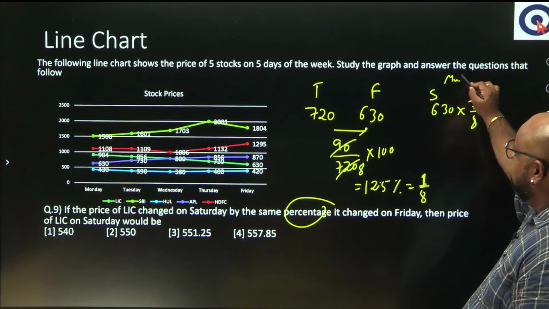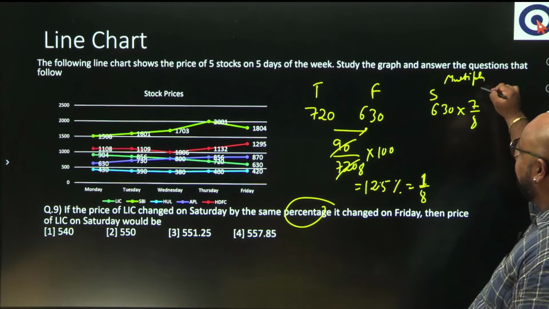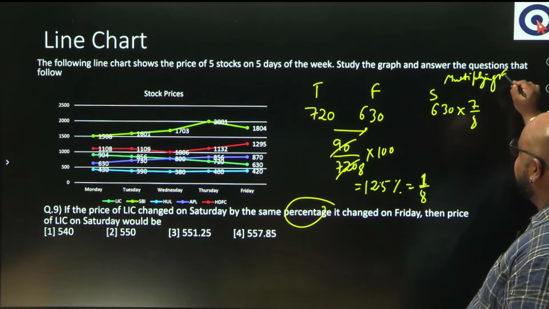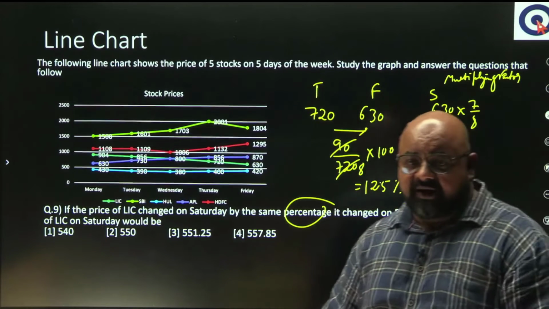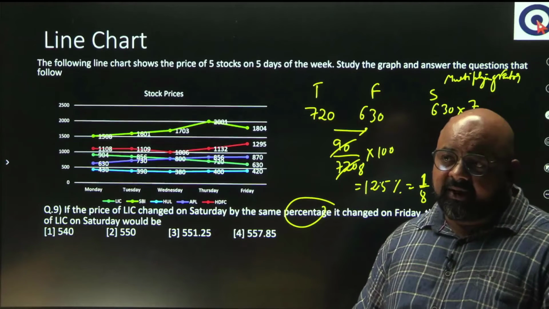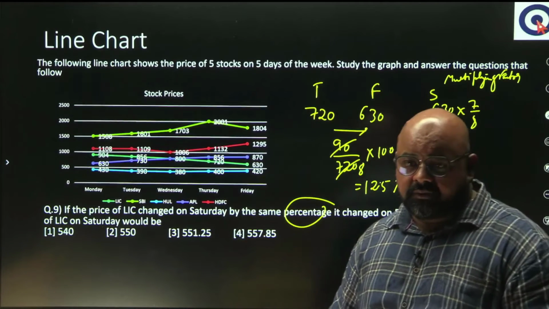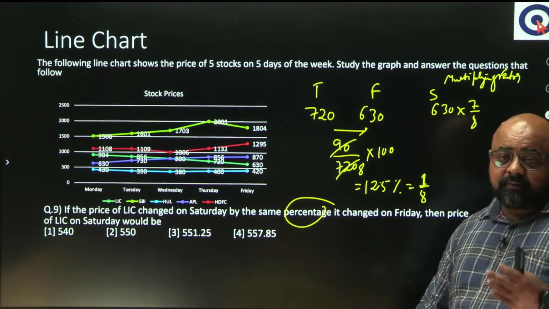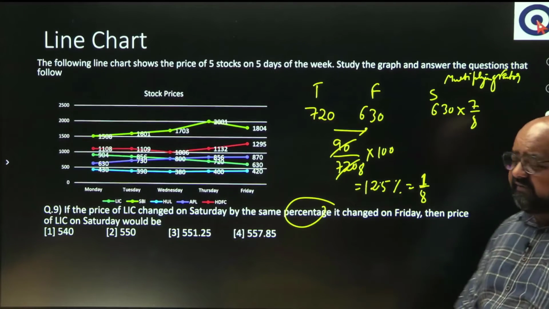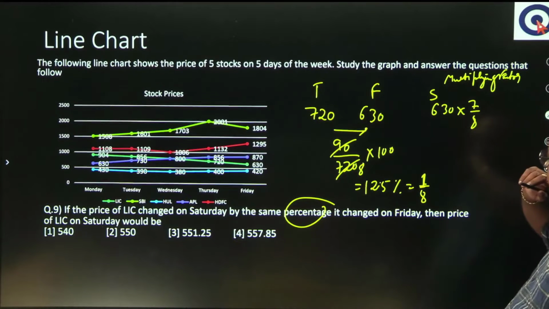Please look at the concept of multiplying factor in percentages. That is what I have done here. What you can also do is you can find out 1/8 of 630, and from there, solve. Yeah, so 630 into 7 by 8, I have to now solve this.